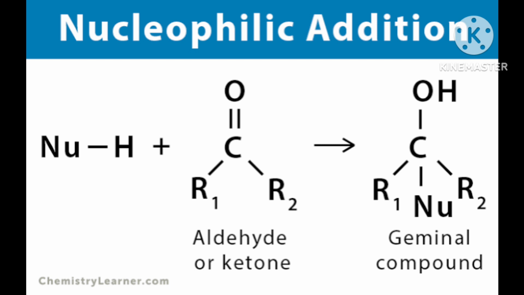Then obviously the nucleophile is negatively charged. Nu is a negatively charged nucleophile, like OH minus, Cl minus, Br minus. Where will it go? Because it is negatively charged, it will go to the carbon of either aldehyde or ketone, because carbon will become positively charged and oxygen will become negatively charged.